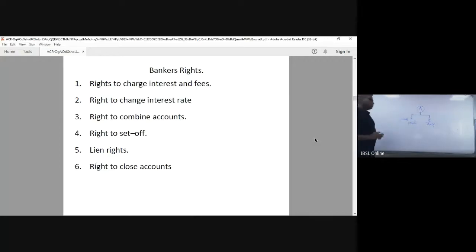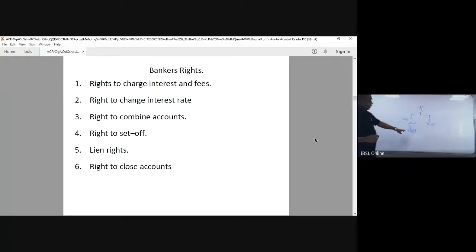Both are current accounts. Or we say one is a savings account, it doesn't matter, but for the time being we say both are current accounts, and he issues a check from this account for 2,000 rupees, or we say 3,000 rupees. He issues a check.